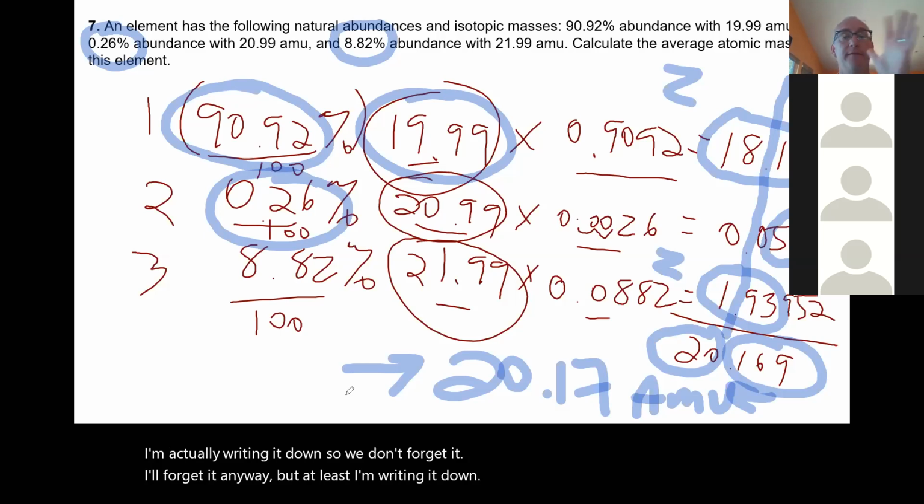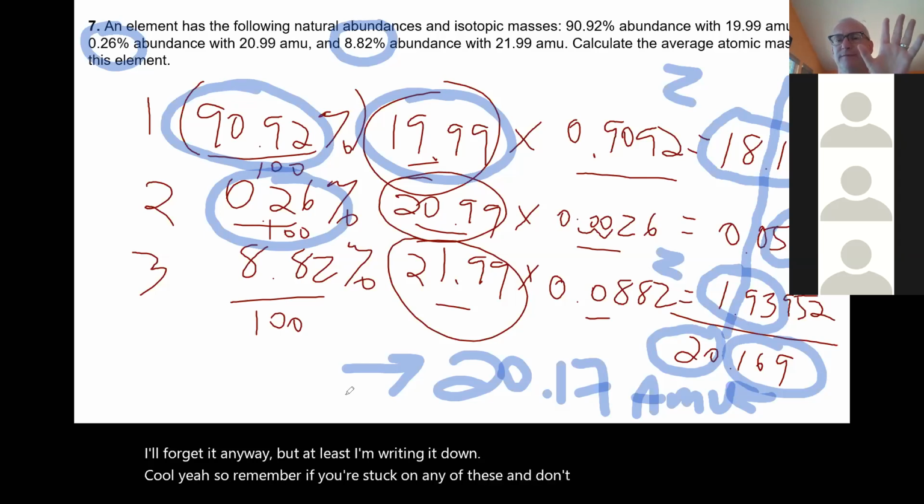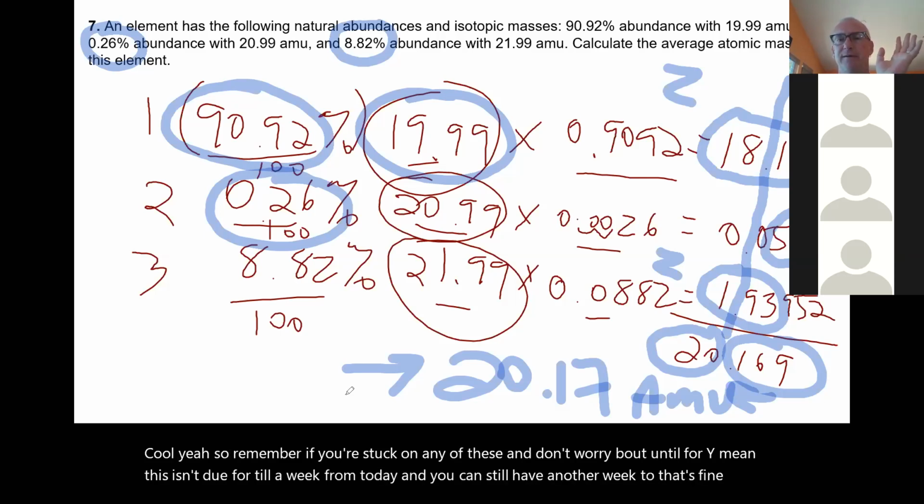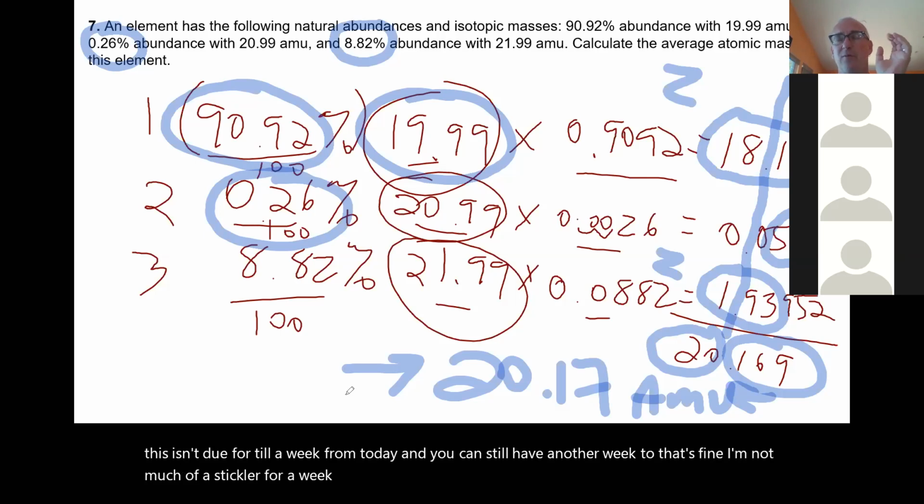Cool. So remember, if you're stuck on any of these, don't worry about them for a while. This isn't due till a week from today, and you still have another week to do it. That's fine. I'm not much of a stickler for a week or two late. Three or four weeks, I get a little prickly.